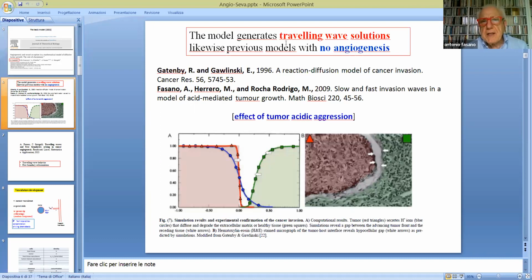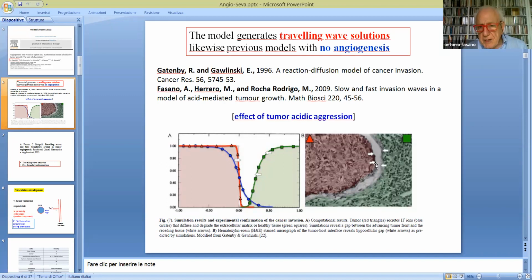First of all, I want to outline that the model generates traveling wave solutions, and this is a fact that was well known in the tumor literature. In 1996, this paper appeared by Gatenby and Gawlinski. Gatenby is a radiologist and Gawlinski is a physicist, and they worked on a mathematical model able to reproduce this phenomenon which has been observed in reality.